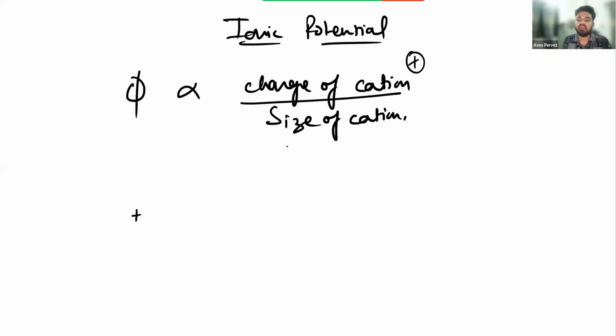Similarly, if the charge is more, it will attract the bonded pair of electrons towards itself. So ionic potential is directly proportional to the charge of the cation and inversely proportional to the size of the cation. Both are cations, both positively charged. Okay, understood?